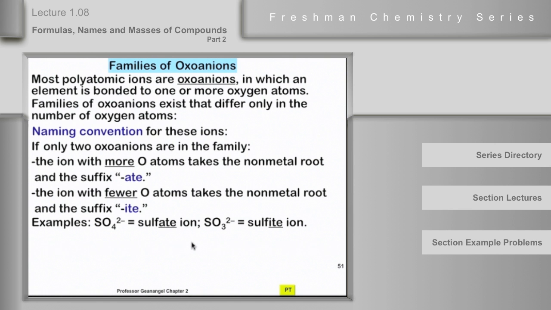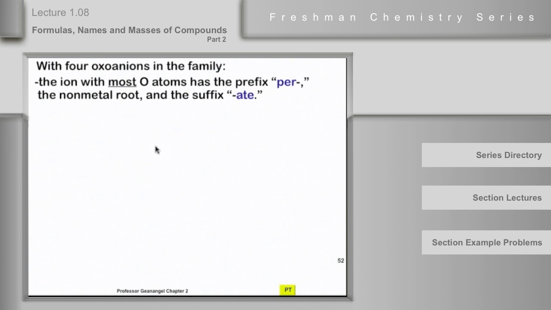Okay. I would like to take this to the other possibility of there being 4 oxoanions in a family, and there's only a handful of these that we might run into. When there are 4, we use both prefixes and suffixes to name the oxoanion. And again, we separate these things according to the relative number of oxygen atoms. The one with the most oxygen atoms is given the prefix per and the nonmetal root followed by the suffix ATE.